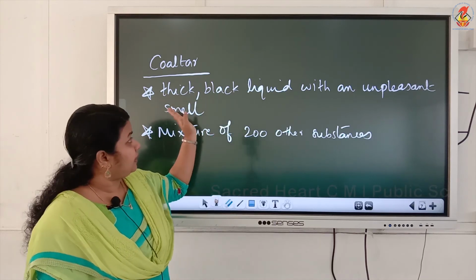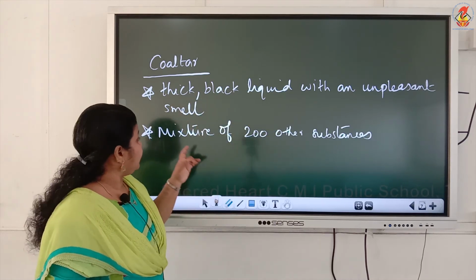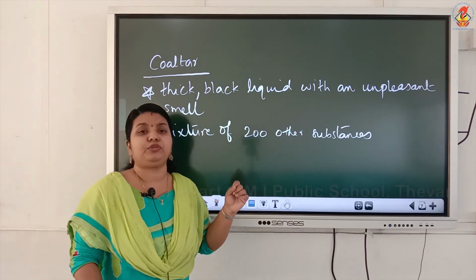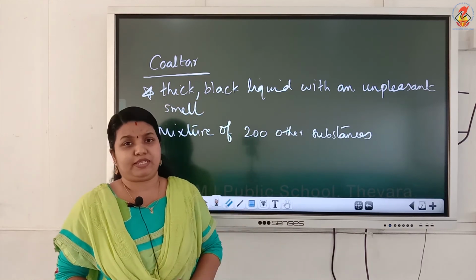So, coal tar is a thick black liquid with an unpleasant smell. It is a mixture of over 200 other chemical substances.